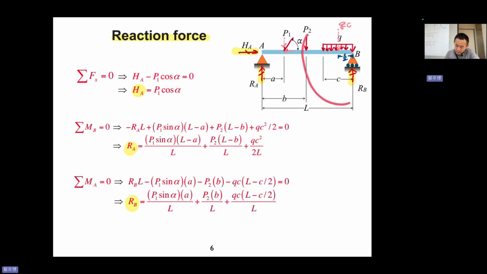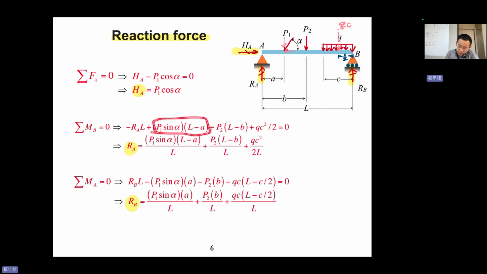So this is the second contribution, and the P1 for this vertical direction, P1 is also counterclockwise, is positive. So positive P1 sine alpha times L minus A. So this is the length of the force arm.